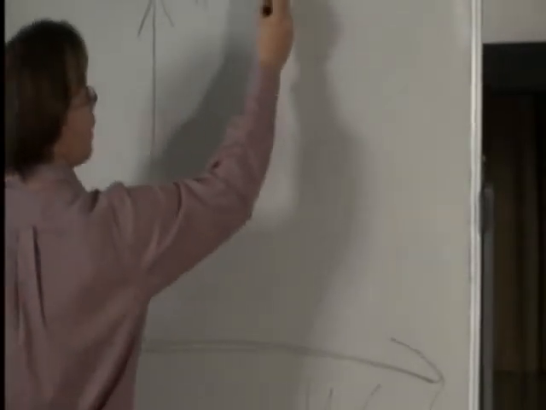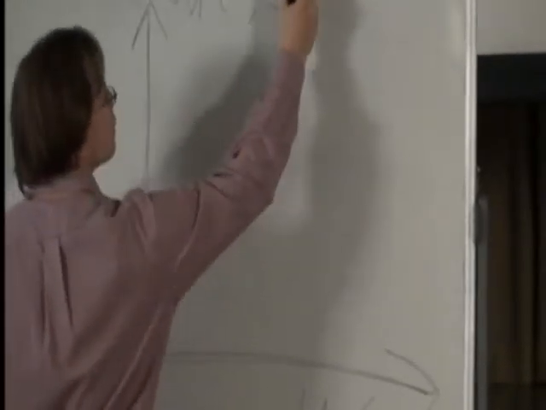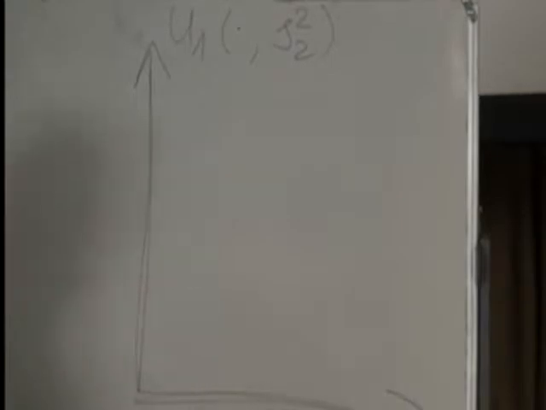This axis is going to be the utility of player 1 from playing this strategy dot against the strategy S2 of the opponent. So I'm going to pick a strategy like this one.